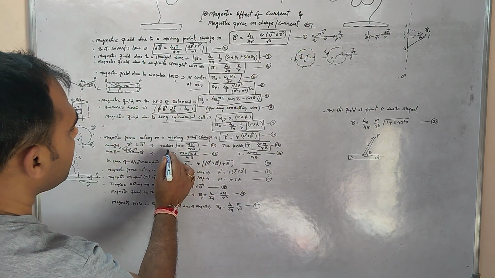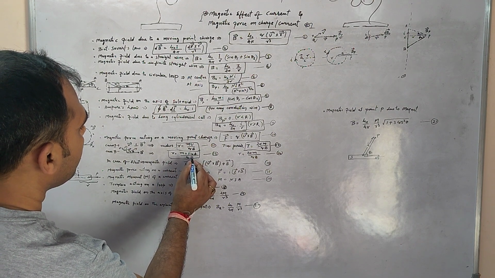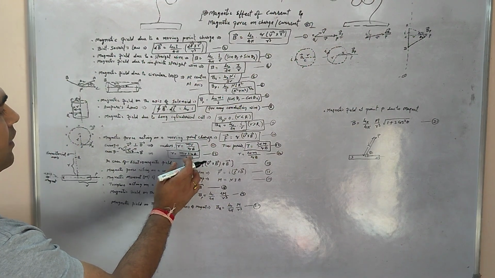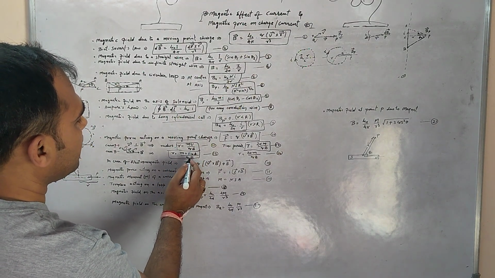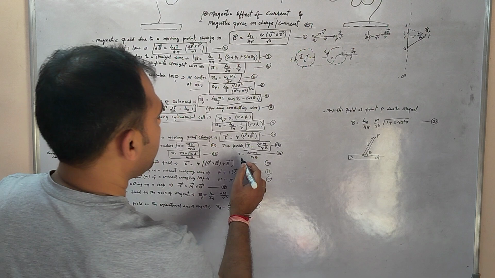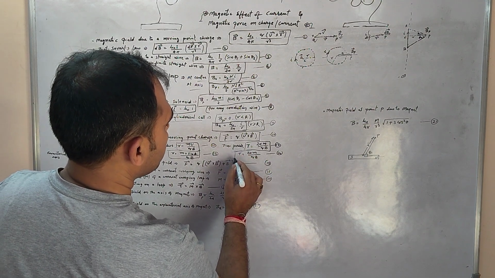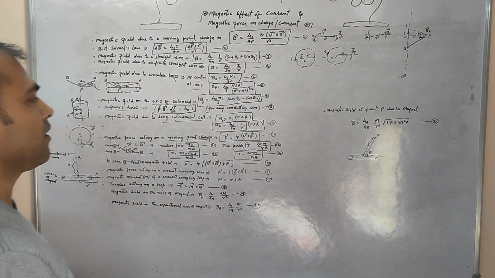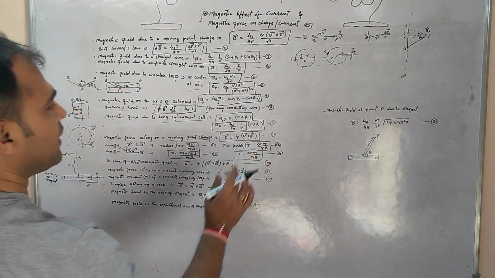So R will become m v sin theta upon qB, and the time period has no change as this is independent of theta or v.